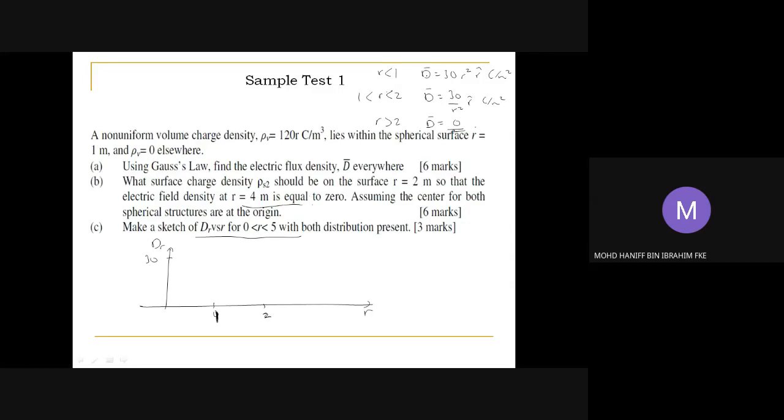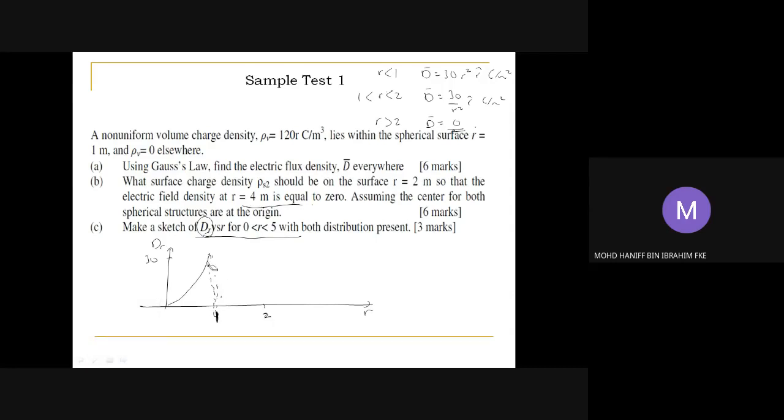From these three pieces of information for distinct regions, your sketch for D_r is the magnitude of vector D. Between 0 and 1, we're going to have a quadratic graph up to r equals 1, sorry, not a straight line here. I have to erase this again.